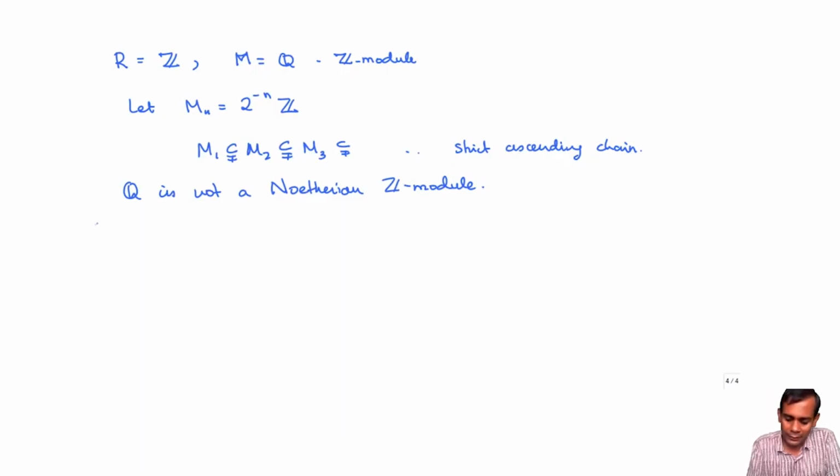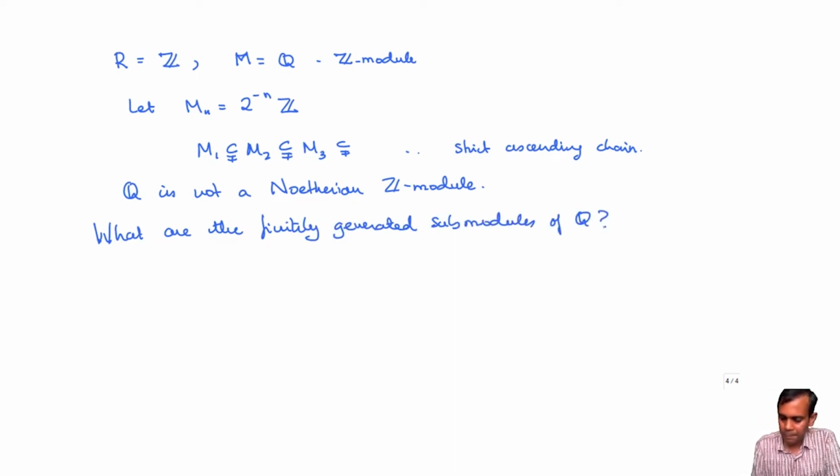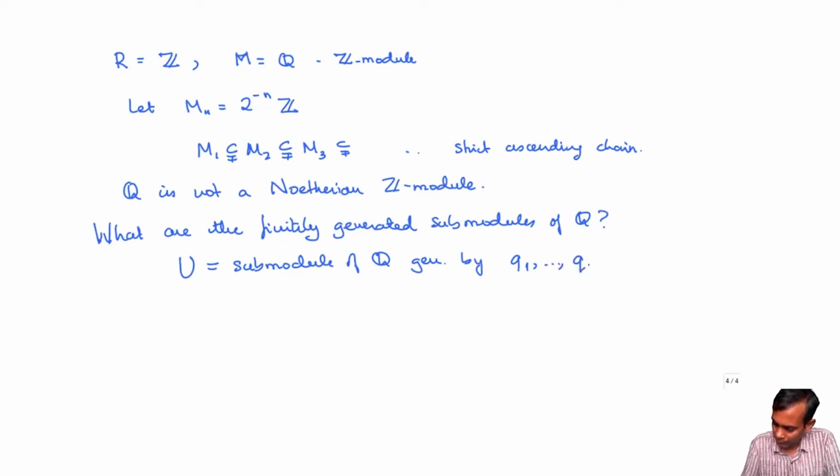What are the finitely generated submodules of Q? Suppose we have a submodule of Q, let's call it U, generated by some rational numbers q1, q2, ..., qn.